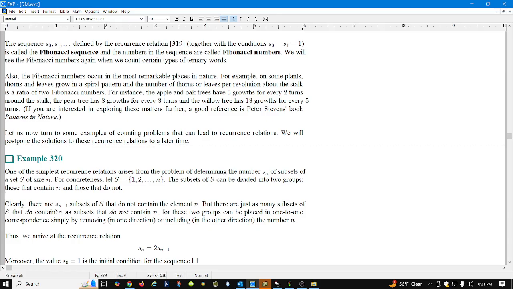Well, there are Sn minus 1 subsets of S that don't contain n. But there are as many subsets of S that do contain n as subsets that don't contain n. You can go back and forth in a one-to-one fashion between these 2 families of subsets just by tossing in n or removing it if you're going in the other direction.